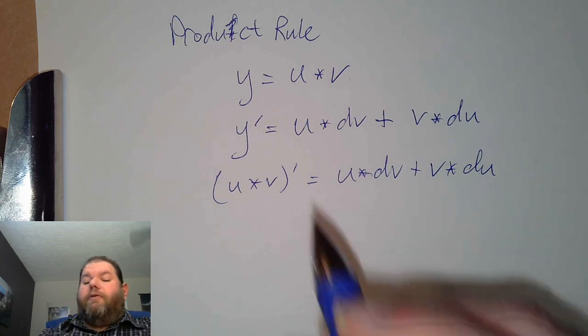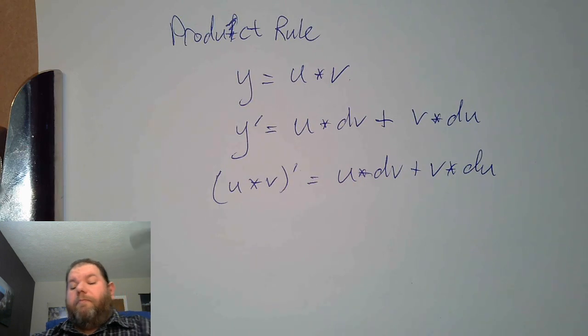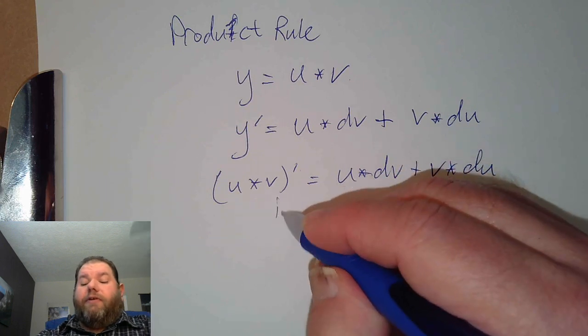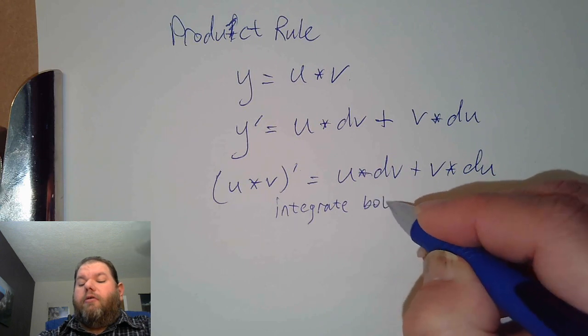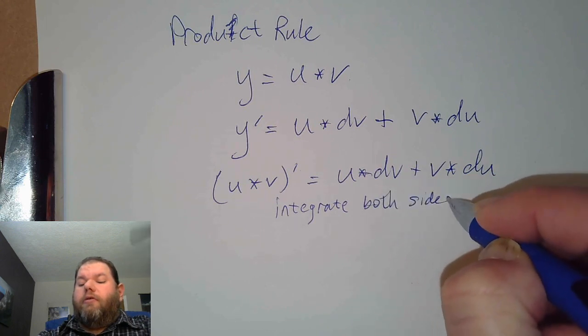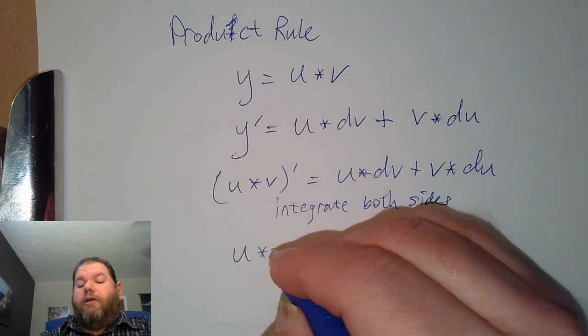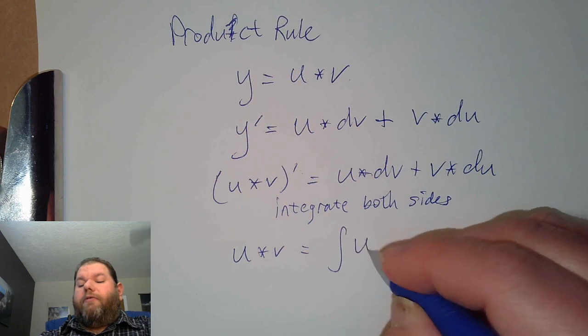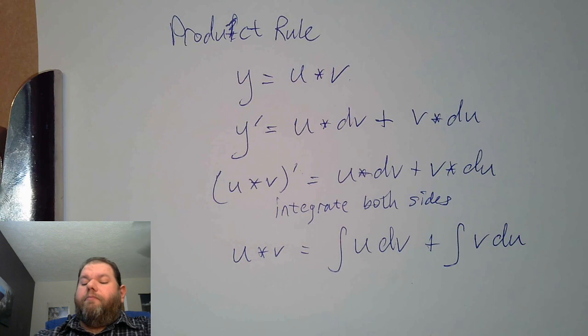Instead of saying y prime, we'll just plug in y with a prime on it. Next, we'll integrate both sides. By integrating the derivative, that's just going to give us u times v. And we have integral u dv plus integral v du.